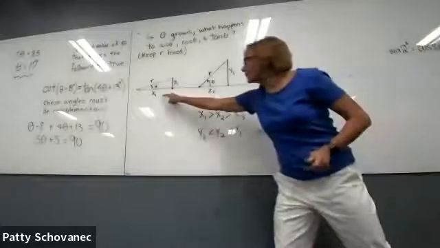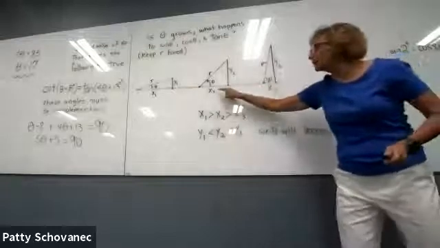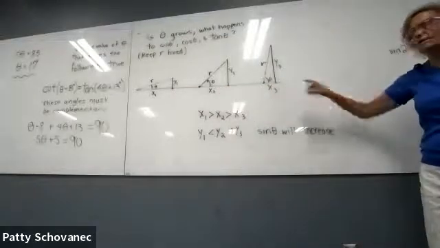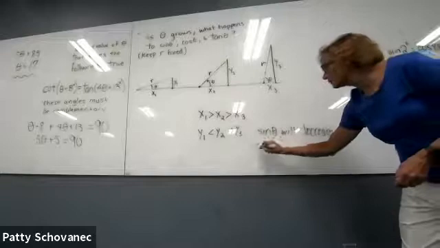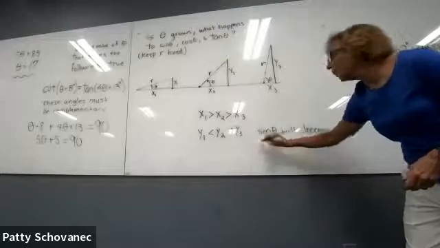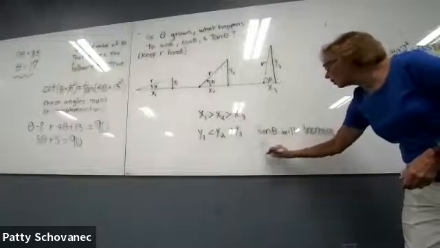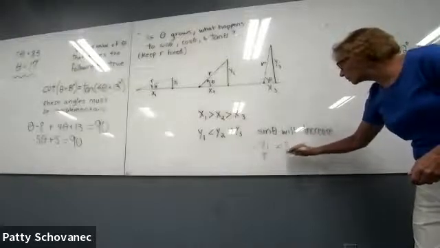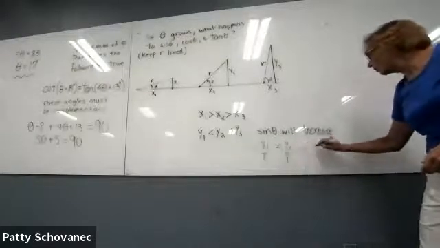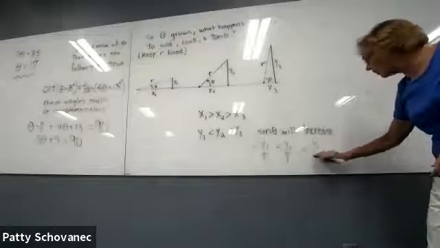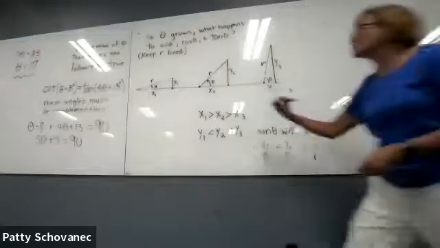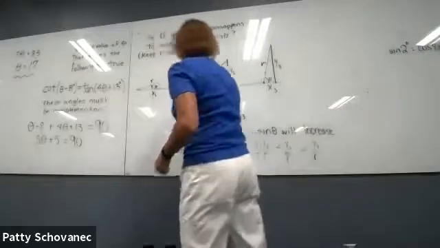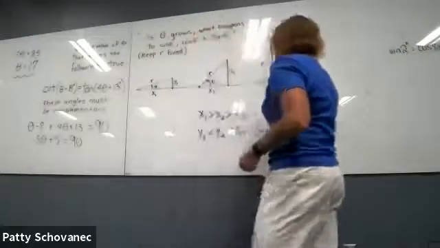So the sine here is a smaller number than the sine here is a smaller number than the sine here. So Y1 over R is going to be smaller than Y2 over R. It's going to be smaller than Y3 over R. I'm going to call these subscripted thetas because they're changing.